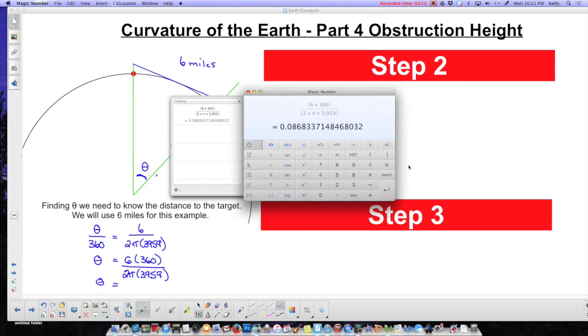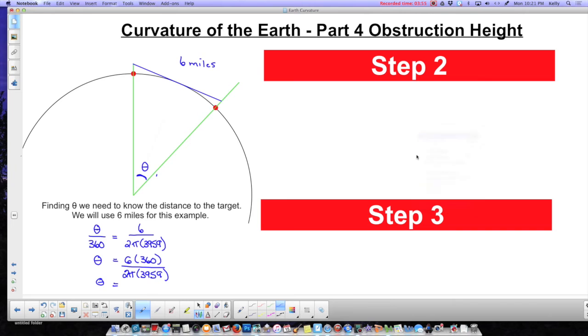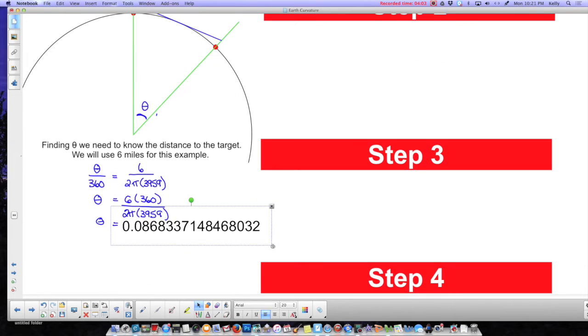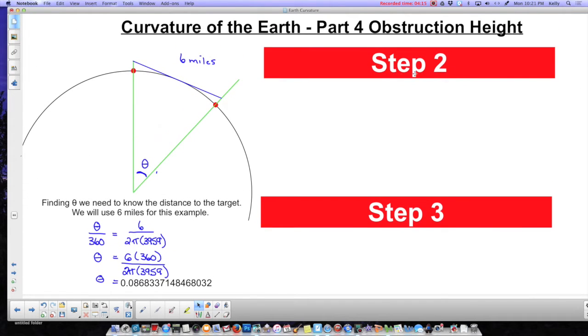Okay, 0.0868. So let's take that number, we'll put it down here, and maybe make it a little bit smaller. So there is our angle theta. Now, that's in degrees, so we're going to go on to step 2.